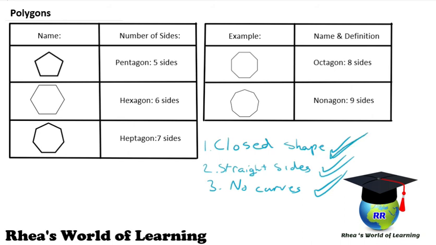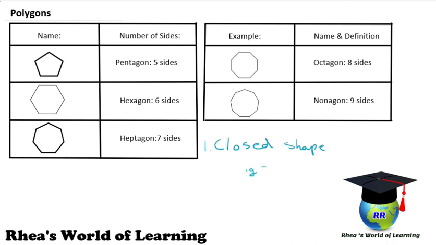Heptagon, closed shape, straight sides, no curves. Octagon, closed shape, straight sides, no curves. Nonagon, closed shape, straight sides, no curves. That's all you need to know. You just have to keep those 3 in mind, and that will determine which is a polygon and which is not. So that is it for this video.